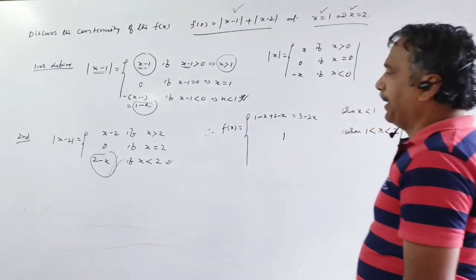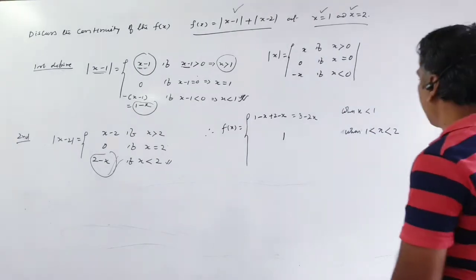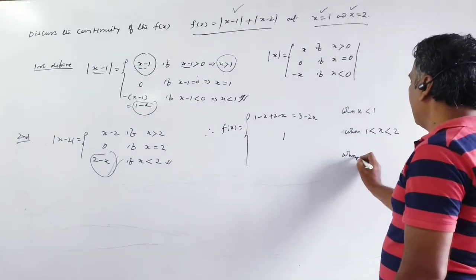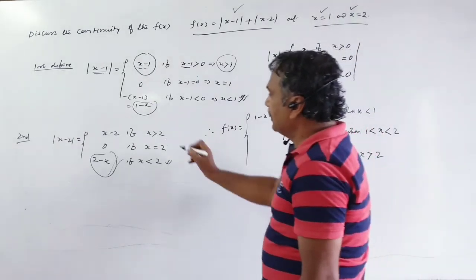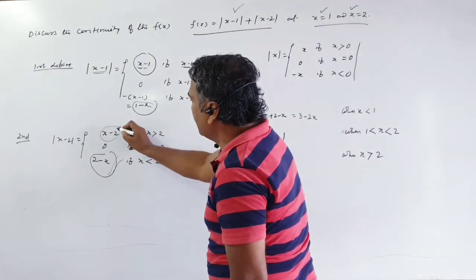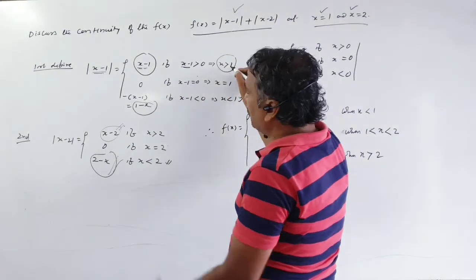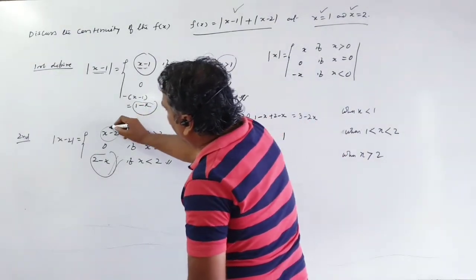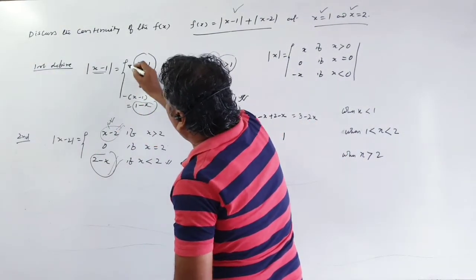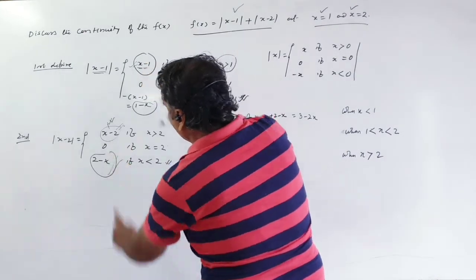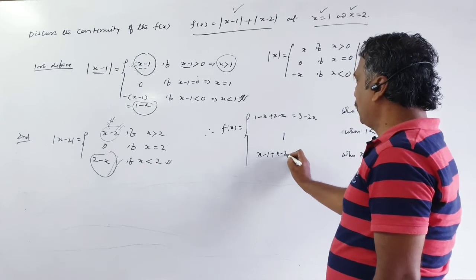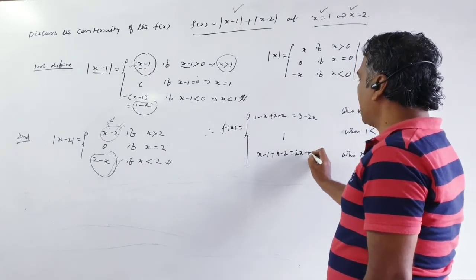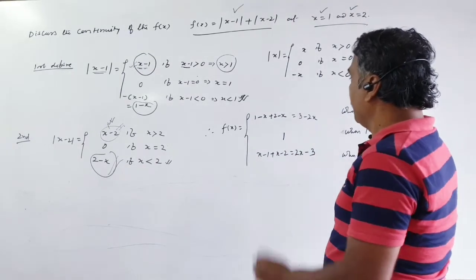It is 1. Okay. Now next one is when x is greater than 2. Greater than 2 means this one. Yes or no? Here greater than 2 is also greater than 1. Now add them: x minus 1 plus x minus 2 equals 2x minus 3.